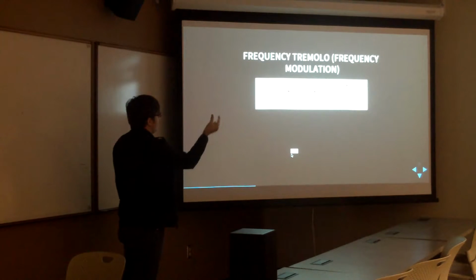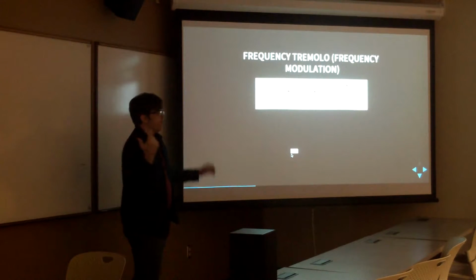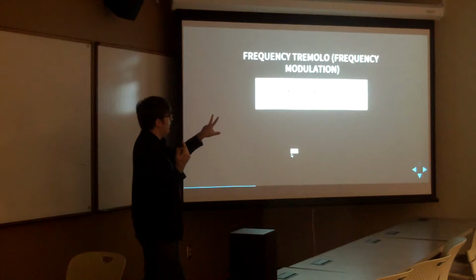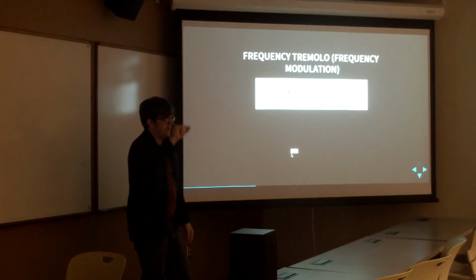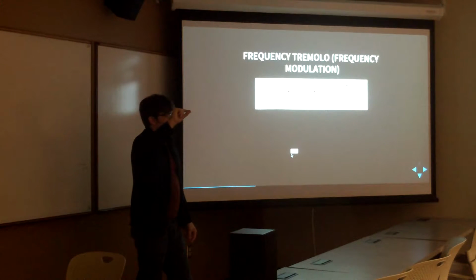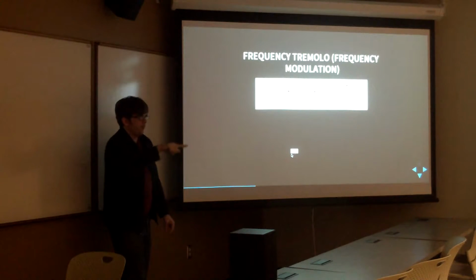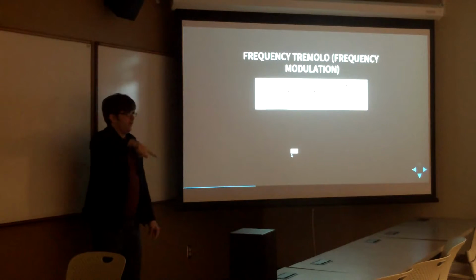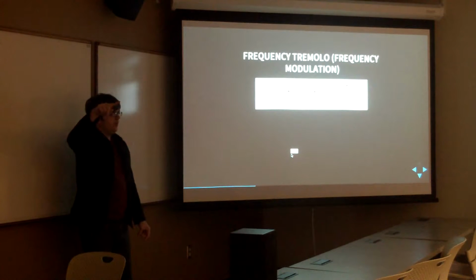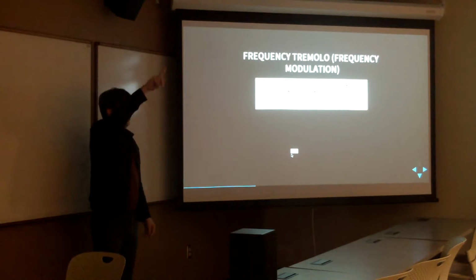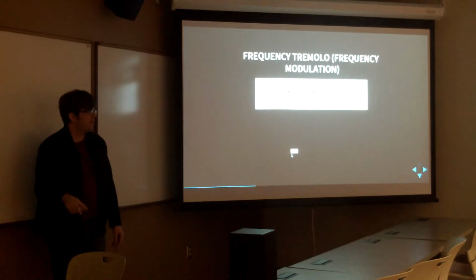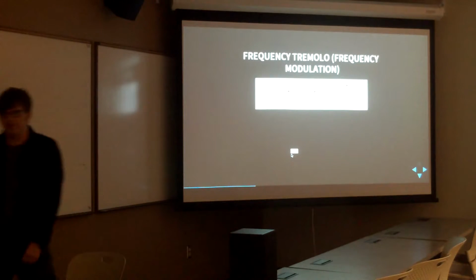You see that gain node in the middle? If you didn't have that, it would only modulate between 439 to 441. That gain node steps up the low frequency oscillator from just going from 0 to 1 to 0 to negative 1 to 0 to 1, up to going to 20 to negative 20 to 20 to negative 20. So that's why that's there.